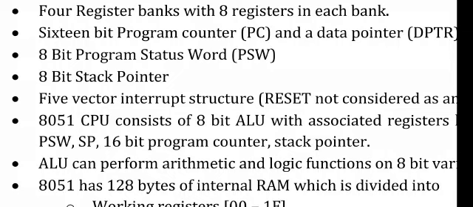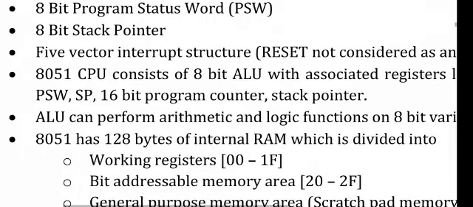The ALU is most probably similar to the 8085, but this ALU can perform multiplication and division also. So in the 8051, 2 additional instructions are there, multiply and divide, and so it is more powerful than the 8085 in a way.